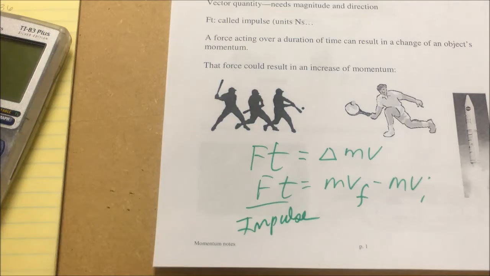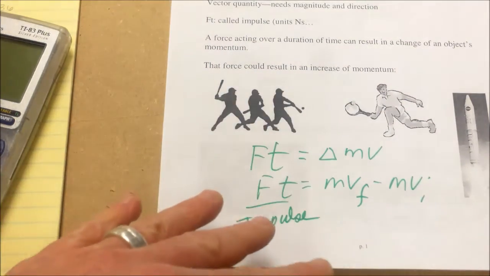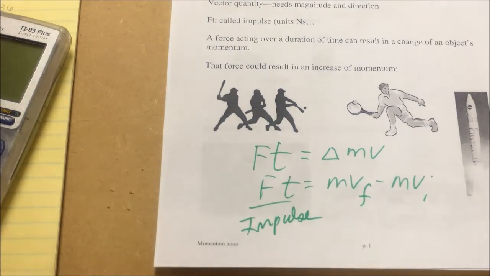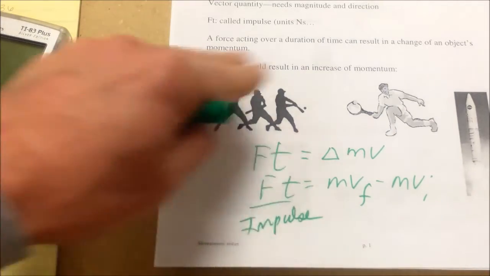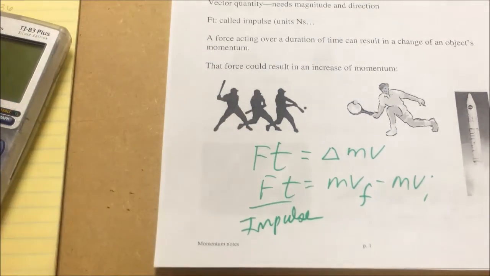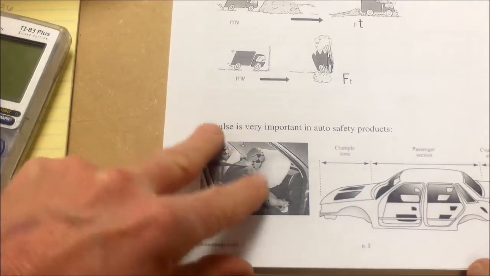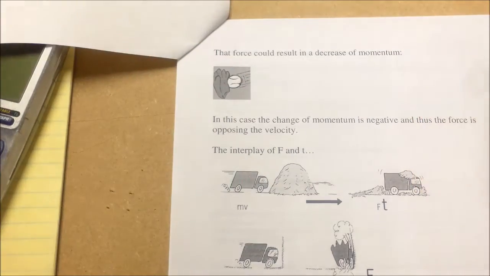We said we could do follow through like in sports, and we can then increase an object's momentum, i.e. its velocity. When we follow through, we keep that force on that object for more time. Or we could decrease an object's momentum if our impulse is negative.